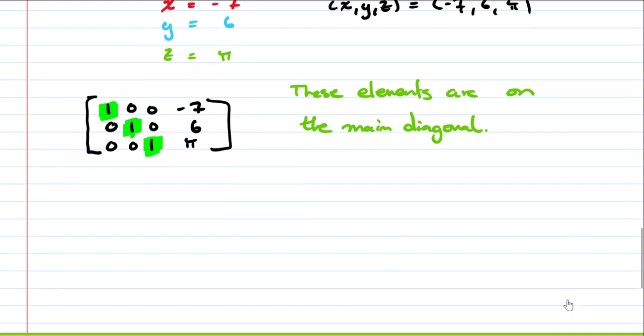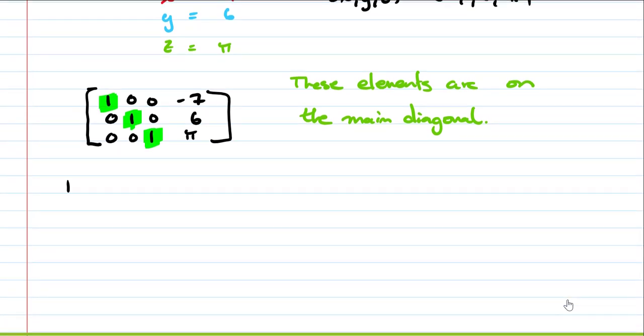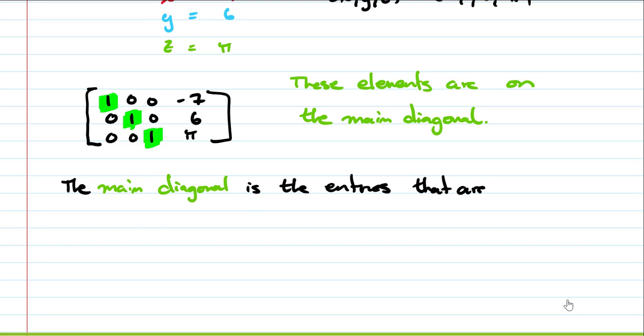So the main diagonal is the entries that are in the same row and column.